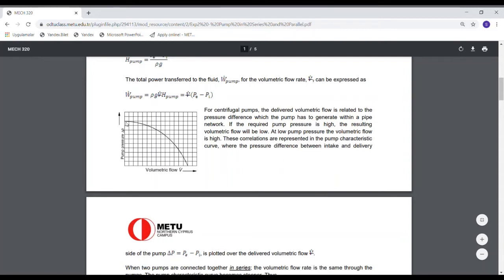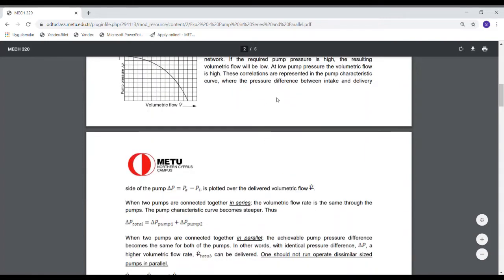You can see that from this pump curve provided to us. Look here, when our volumetric flow is low, we have very high pump pressure. When pump pressure is decreasing, at the same time we are getting higher and higher volumetric flows.